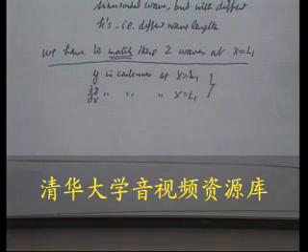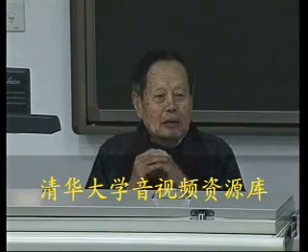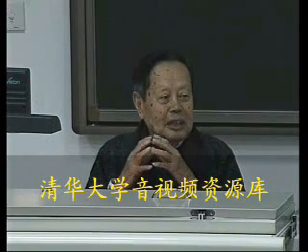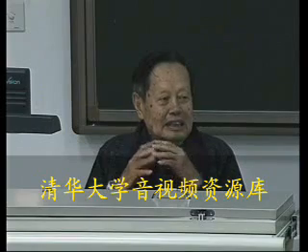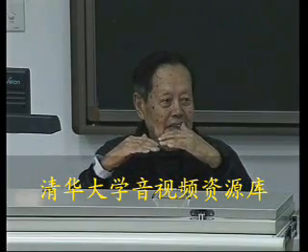Okay, I think we better do this next time. This gets a little bit complicated. After we match, we'll find the complete solution. The complete solution, however, also requires that the amplitudes of the two sides be matched.